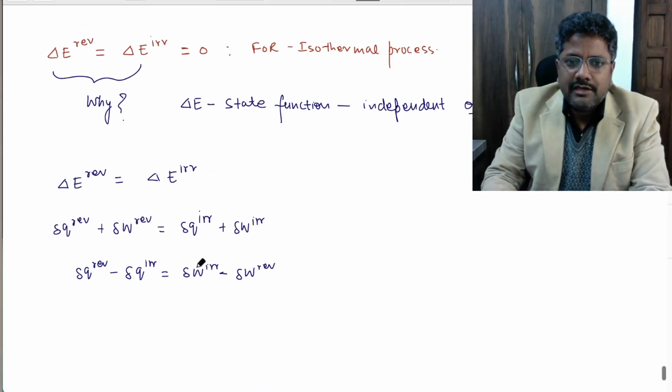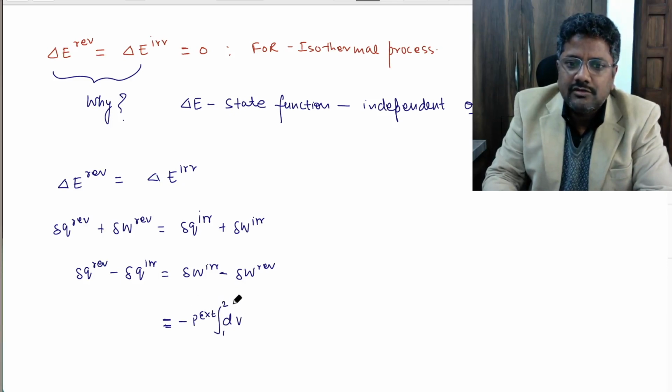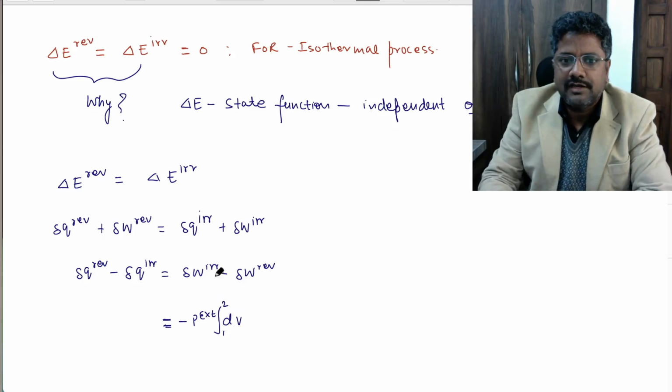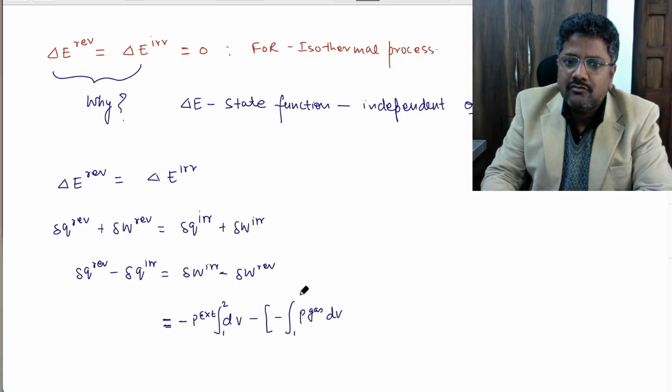Now at this point, for expansion I am considering, we can write minus the integral of P external dV from 1 to 2, minus of minus the integral of P gas dV from 1 to 2.